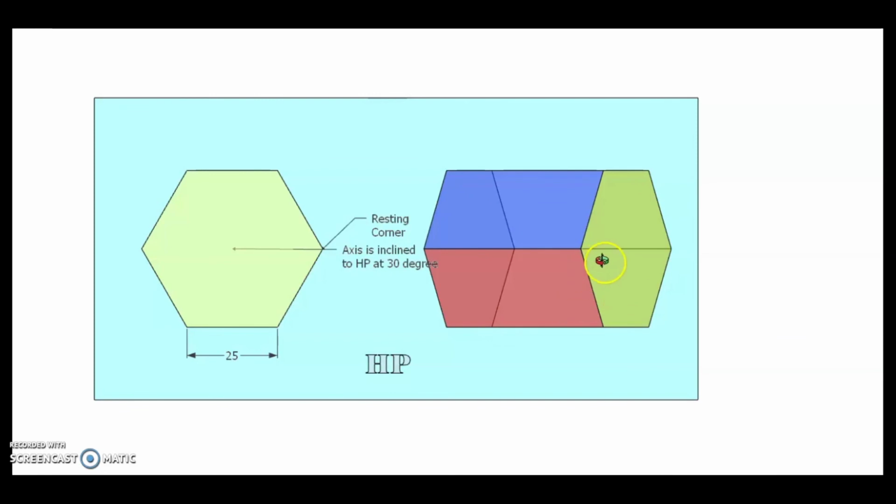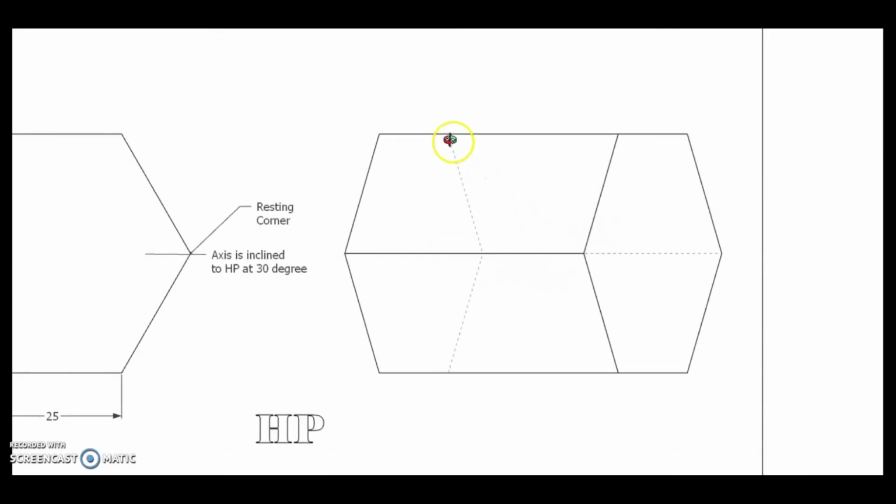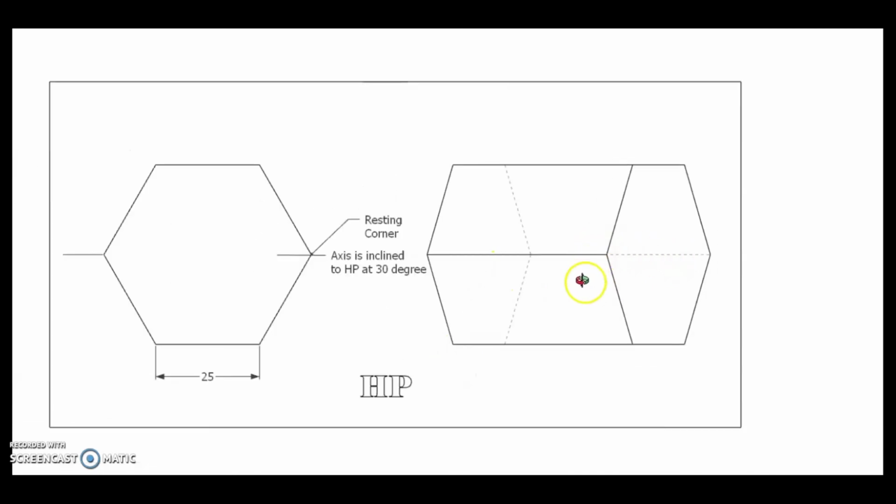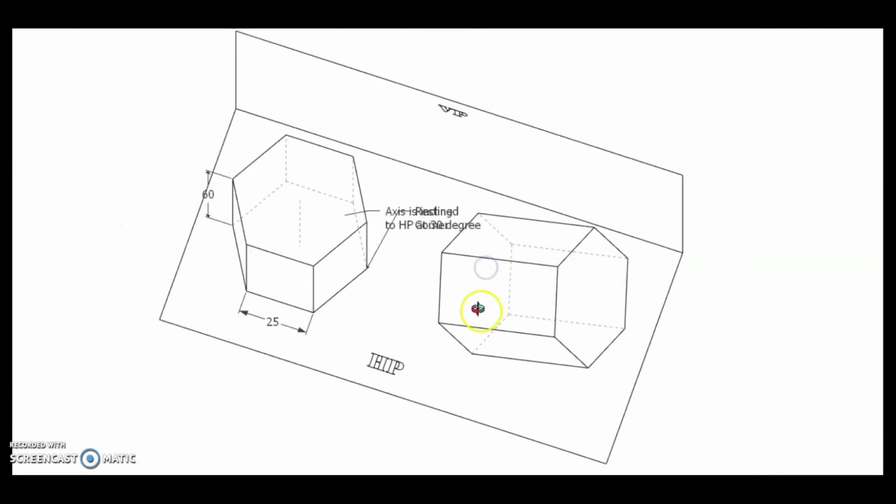So this bottom base edge is a dotted line, and this part of a rectangular face edge is not visible, which we have to show by a dotted line in this way. So the final top view will appear like this one.